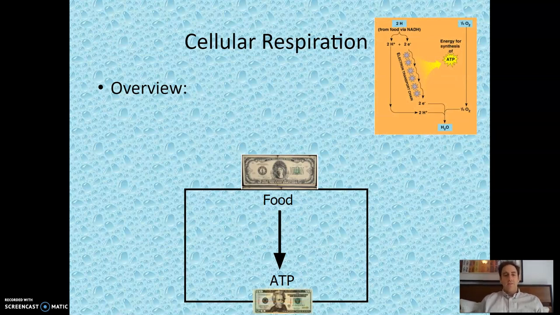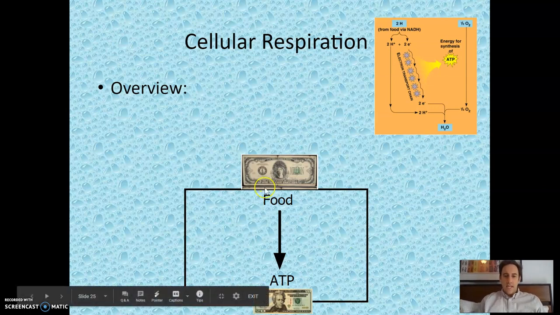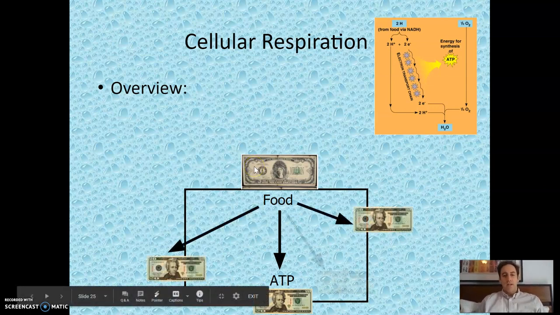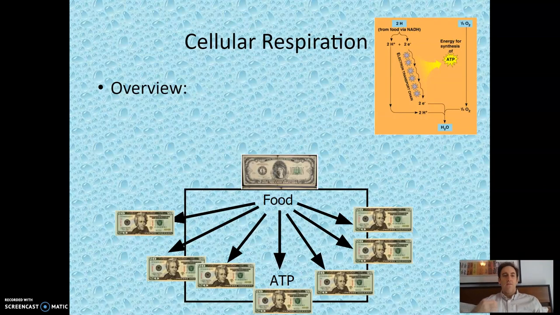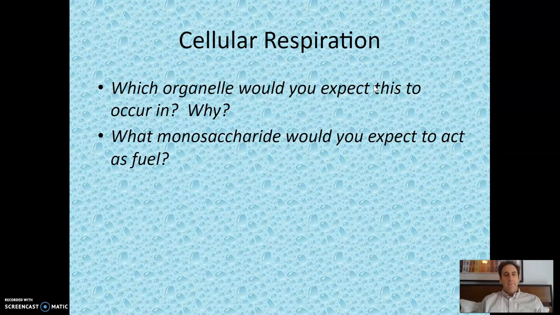In this process of cellular respiration, we're taking that $1 trillion bill and breaking it into lots and lots of 20s that can be used for day-to-day cellular processes. And again, there's a long, complicated series of steps that we're going to do to convert that $1 trillion bill into 20s. So we're producing energy in the cell.